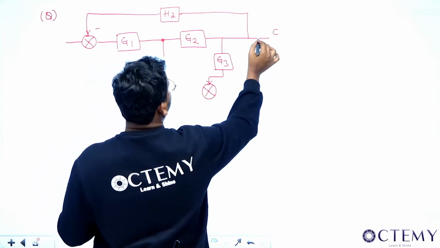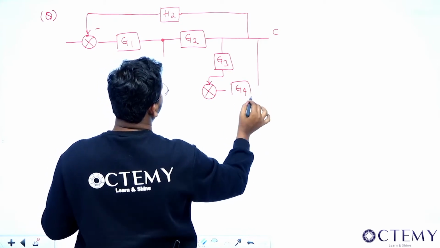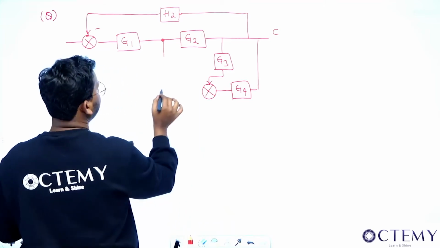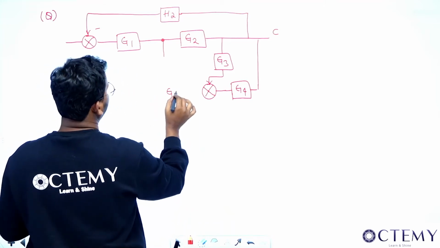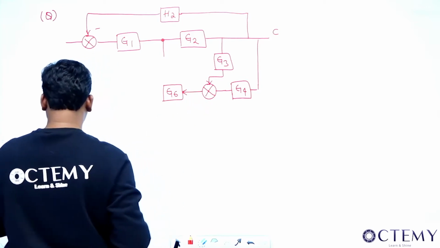Similarly, from here it is coming as G4 like this, right? And you are getting G6 here, and the output is going to G6.